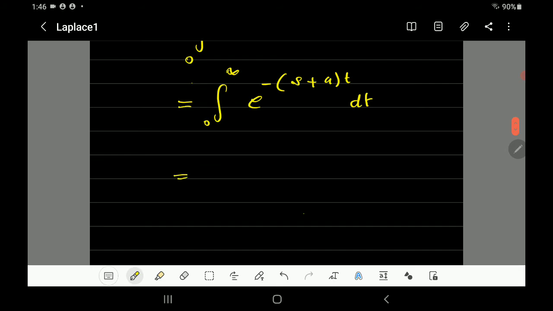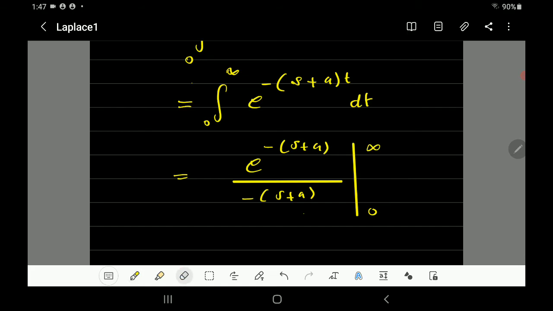Again, the integration will be equal to e to the power of minus s plus a t divided by minus s plus a, and the limit of integration from 0 to infinity. And we'll do the same thing. If you change this negative sign, you'll flip the limit, so here it will be 0 and infinity.